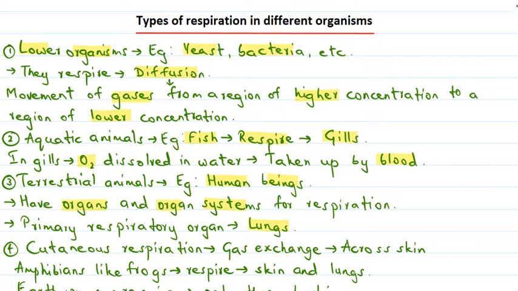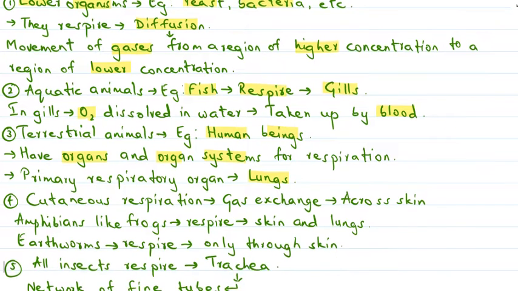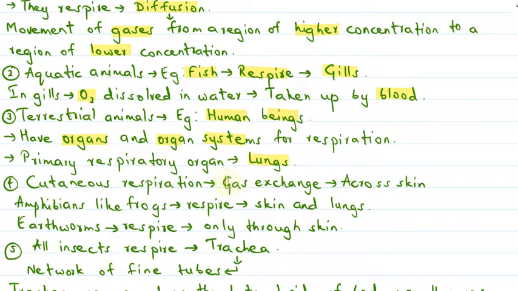Then we talked about cutaneous respiration. So in case of cutaneous respiration, the gas exchange takes place across the skin. So this form of respiration, in some animals it is the only form of respiration, whereas in some other animals this cutaneous respiration is accompanied by other forms of respiration.